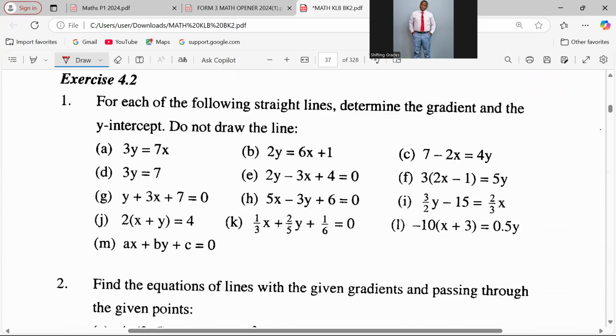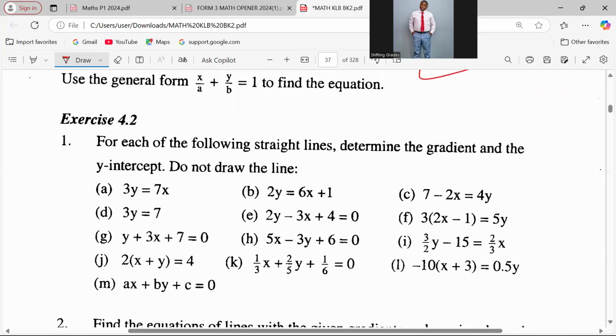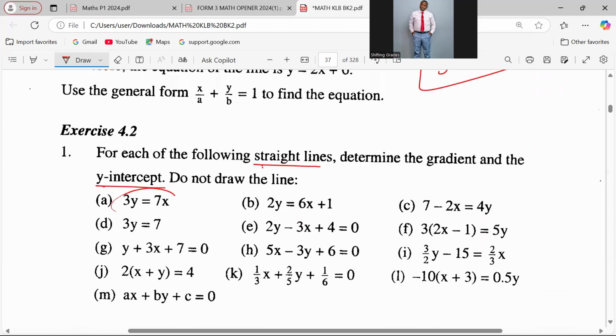As we look at several examples, for the following straight lines, determine the gradient and the y-intercept, which means the equation just needs to be arranged. Look at equation 1, 3y = 7x. So we need y = (7/3)x.